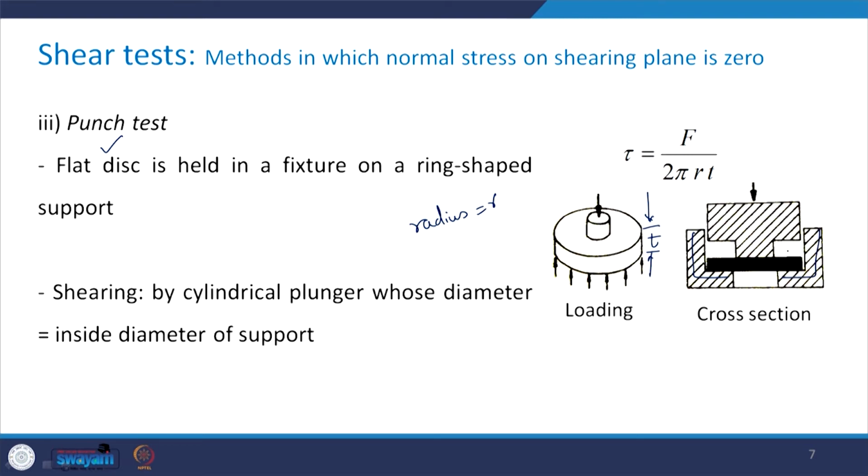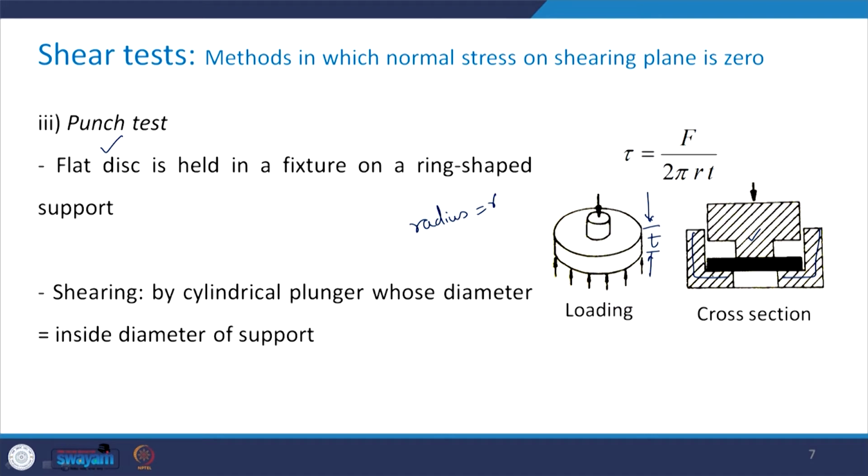If you see in plan, it is a ring shaped support, and the shearing takes place using this cylindrical plunger whose diameter is equal to the inside diameter of the support.